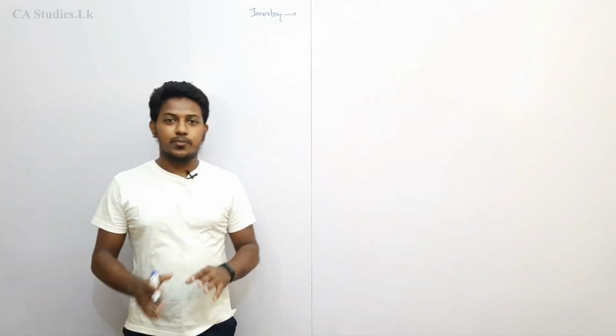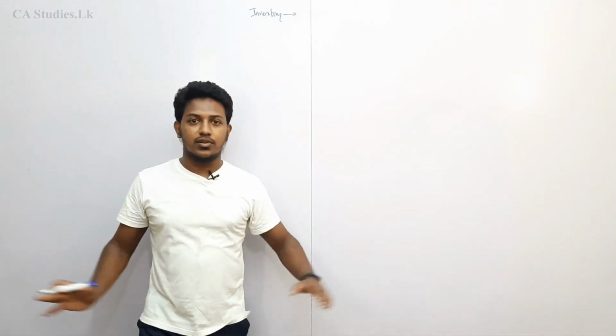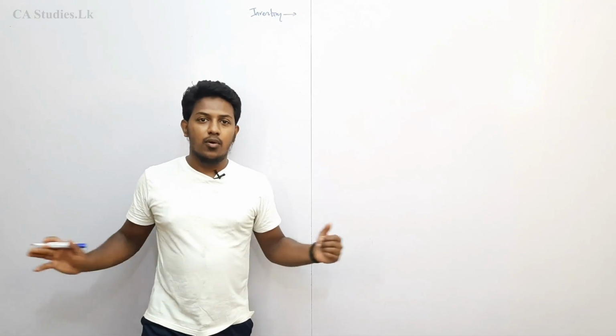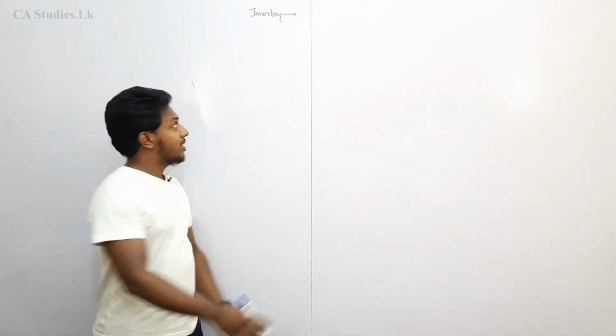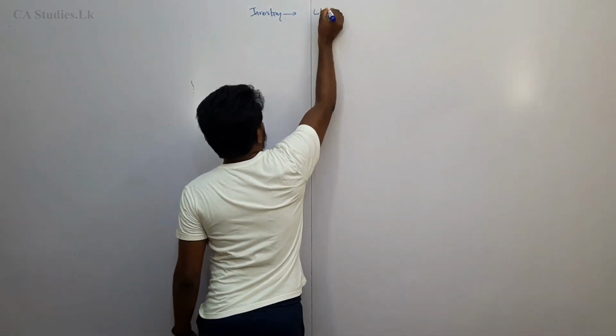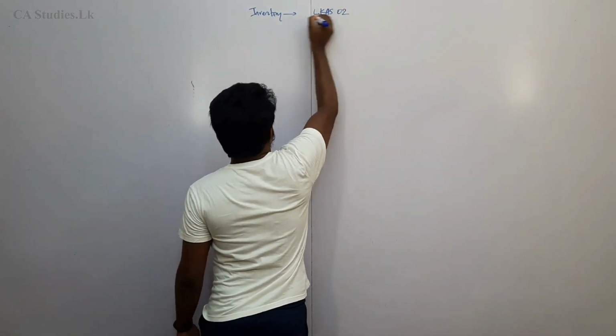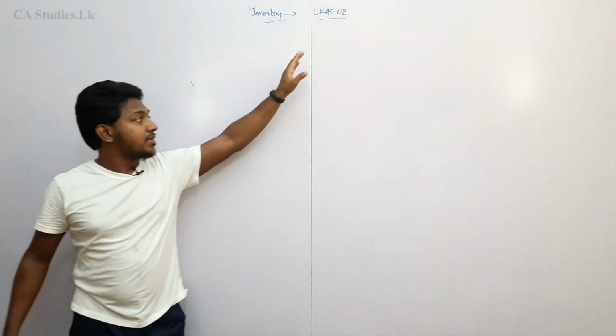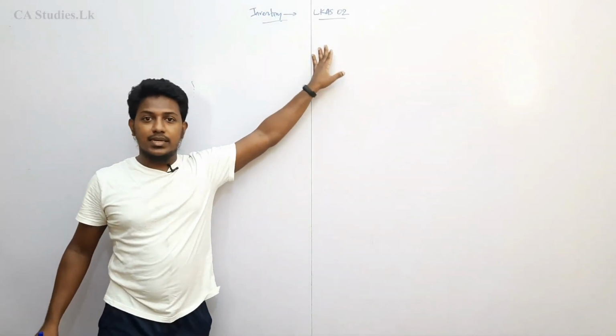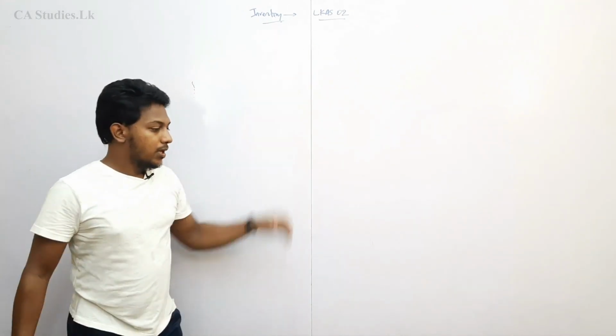Actually LKS1 is the presentation of financial statements, so it's a common standard for all the financial statement elements. LKS2 is inventory. So LKS2 inventory means inventory is the main standard to learn first, right?